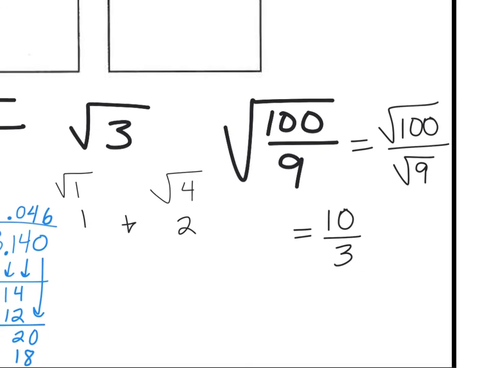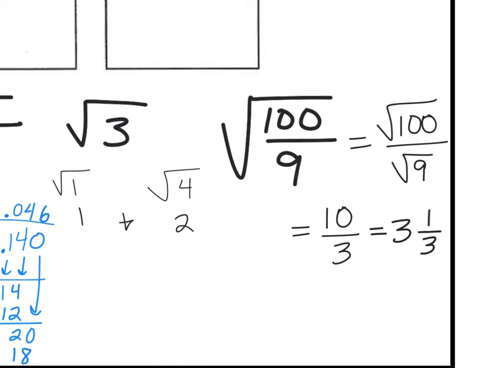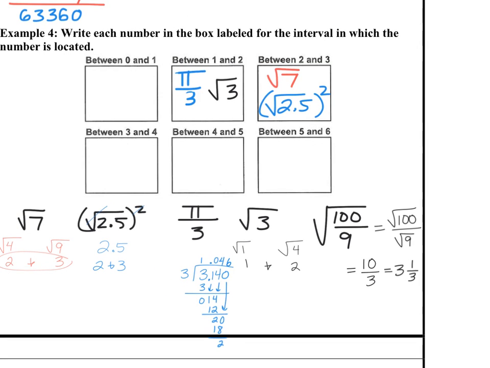Now, you could write this as an improper fraction. How many times does 3 go into 10? 3 times. And how many do you have left over? 1. So it's 3 and 1/3, because 3 times 3 is 9, you have 1 left over. So 3 1/3. So that's between 3 and 4.